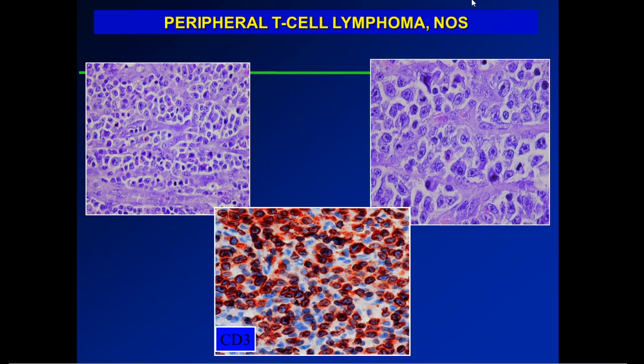Men are affected 2 times more commonly compared with women, and usually the size of the cell is smaller compared with B-cell lymphomas. The most important feature is a positive reaction with CD3, a marker of T-cell differentiation. So instead of CD20 here, CD3 is positive. That's why this is T-cell lymphoma.